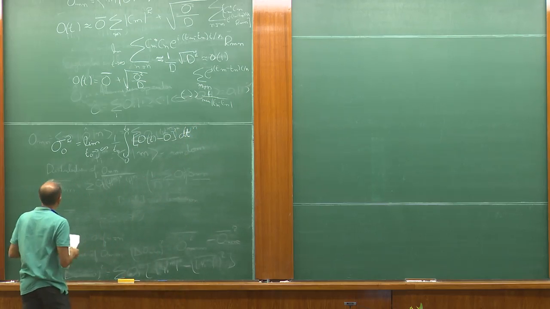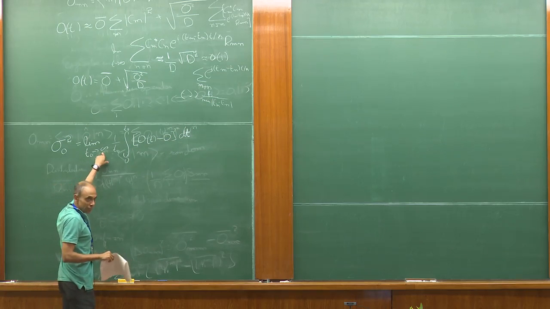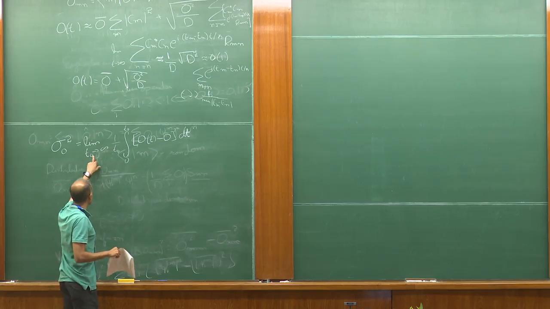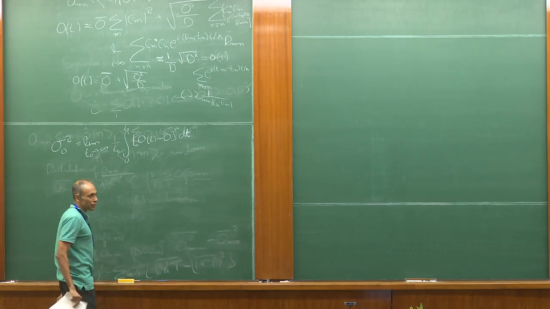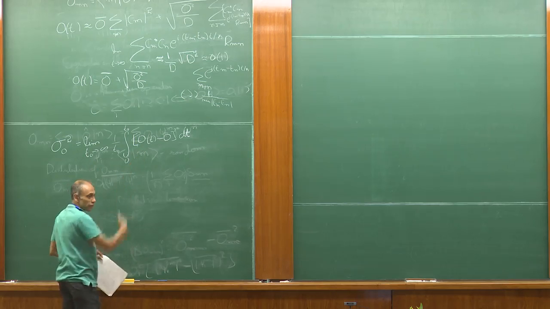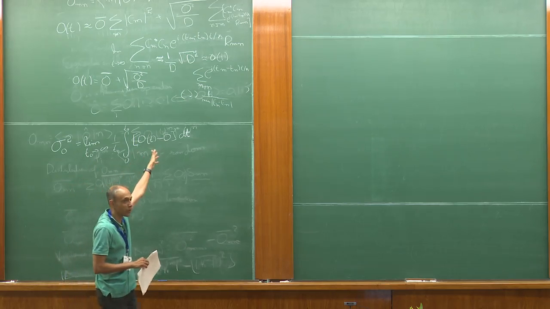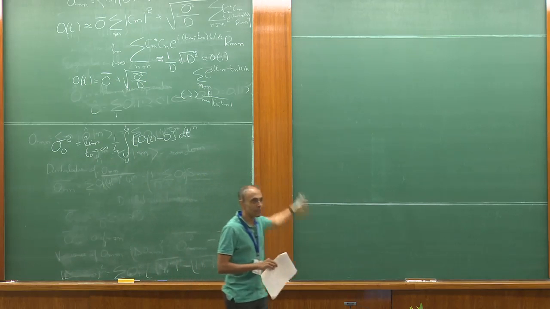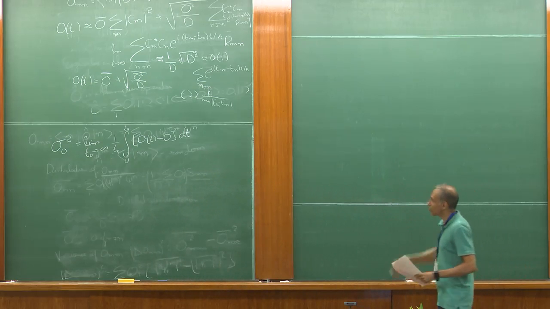Even though I've written T naught going to infinity, the T naught I have in mind is, for a system with a very large number of degrees of freedom, practically infinite: the time scale I mentioned earlier. This T naught is really like ħ divided by the min of Em minus En, but I'm thinking of a system in the thermodynamic limit, so that's effectively infinite.